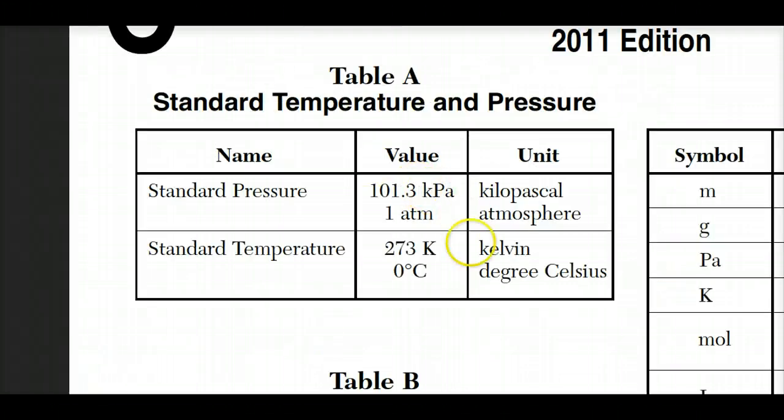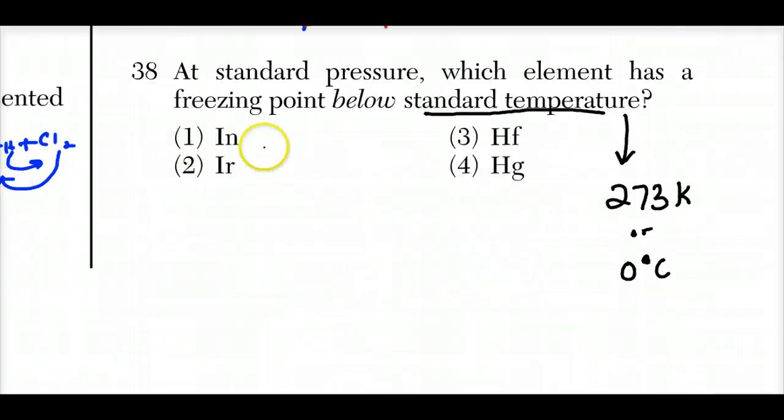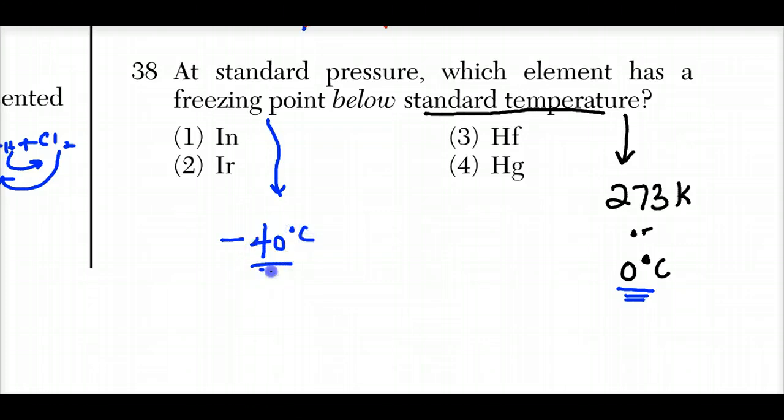And there it is in all of its glory, standard temperature. Now they're saying which element has a freezing point below that. A freezing point is also a melting point. Now if my freezing point is below 0, think with me for a second. Let's pretend it's negative 40 degrees.